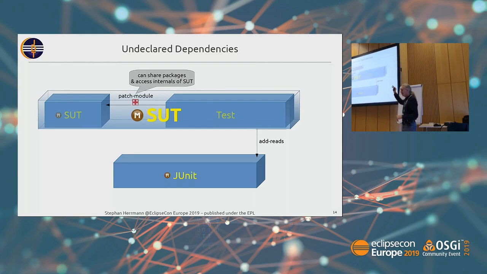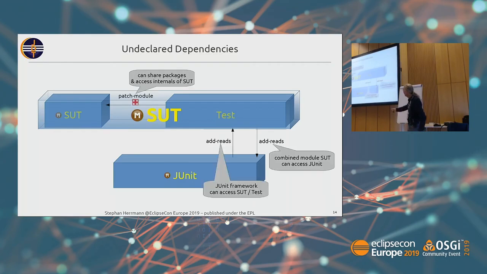This is as if SUT would require this, but only after the fact, only after compiling the original module. But also, the JUnit module needs to access the test code, be it via reflection. So we also need the inverse direction so that the JUnit module actually has knowledge about the other module. And as I said, it requires two sides to establish the communication.